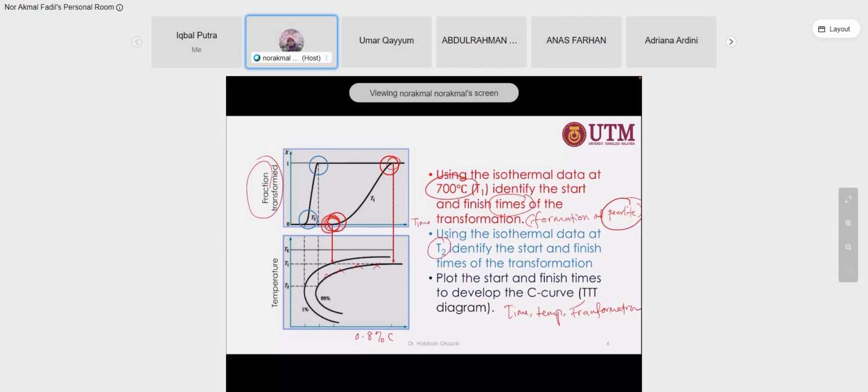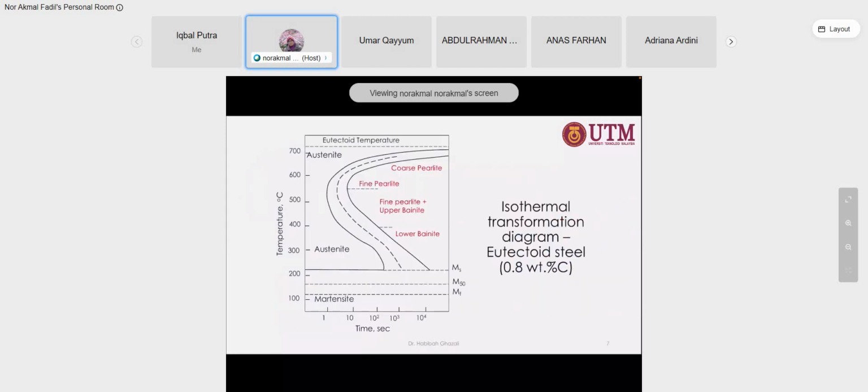So the first point we plot here, and the 100% of pearlite formation will be plotted here. And second temperature here and here. And then you will plot the graph, and this is the final curve.